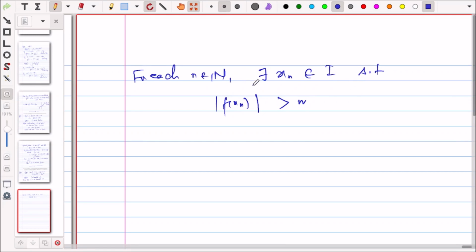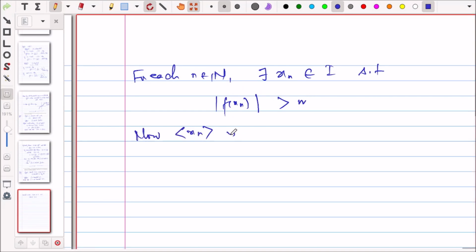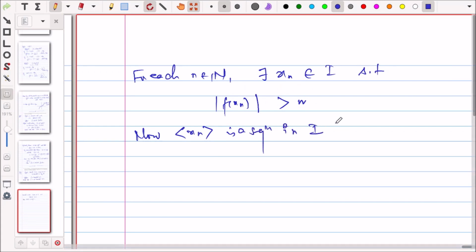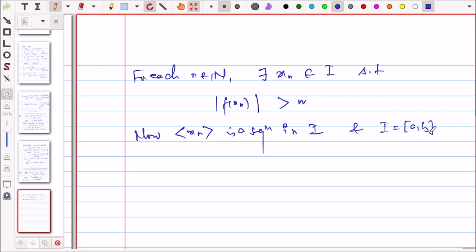So for each n belonging to N there will be some point x_n belonging to I such that |f(x_n)| is greater than n, because f is unbounded. So now x_n is a sequence in I, and I equal to [a,b] is bounded.